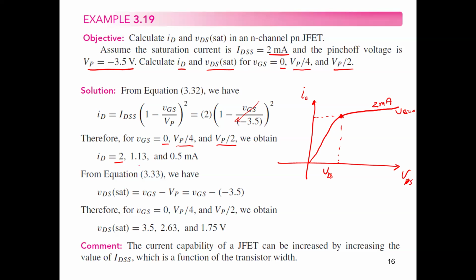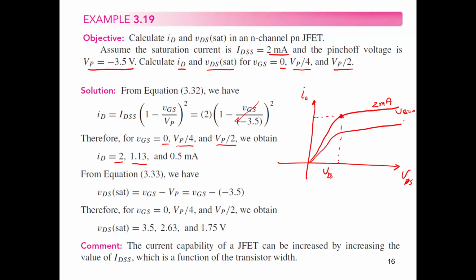We will have now the value of 1.13. So we expect that the current is going to decrease like that at a different value of VGS, which is here VP divide 4.